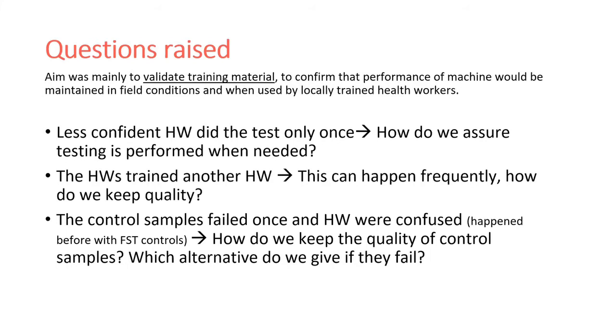And this test wasn't very stable, so in fact, at a certain point where it would fail, we would start to have very weird results. And we decided that we would stop using it and do other sort of quality control. But obviously the question remains, if our quality control samples are not stable, how do we keep the quality of the testing? Is there any alternative if the quality control fails?